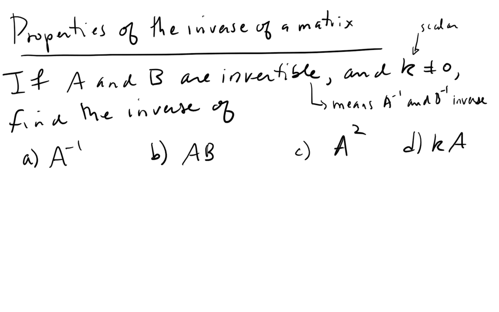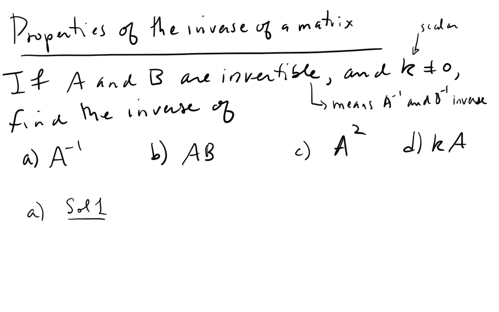The idea here is that I'd like to express the inverse of each of those matrices in terms of A inverse and B inverse. Now there are two ways to approach this. Let's start with A inverse. Solution one is algebraic.